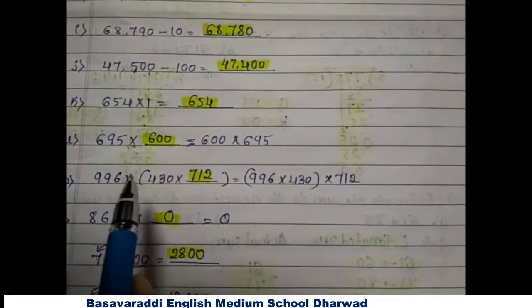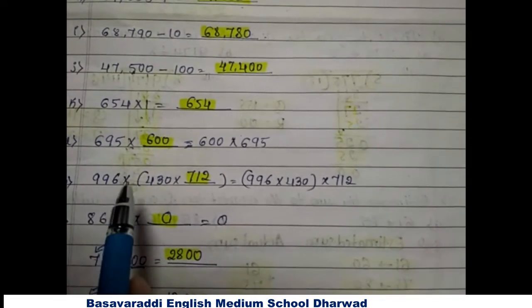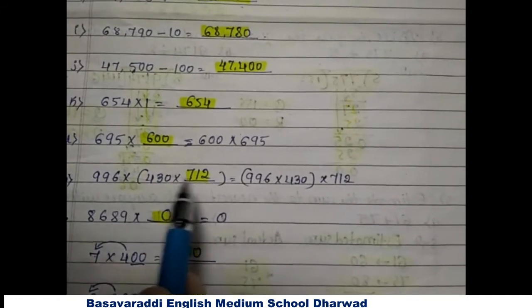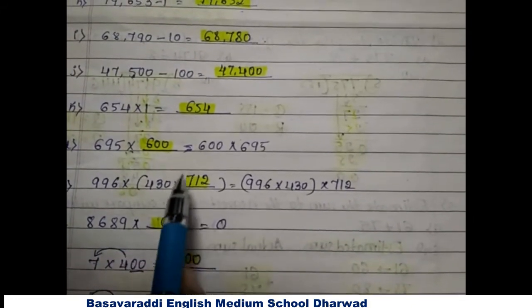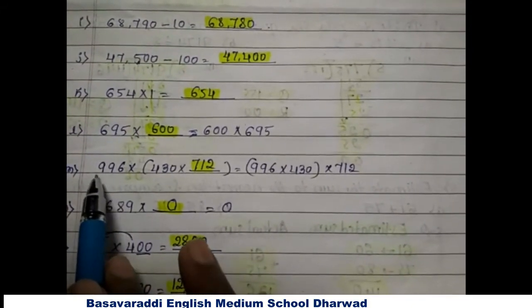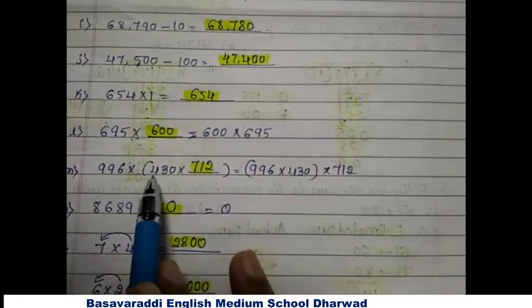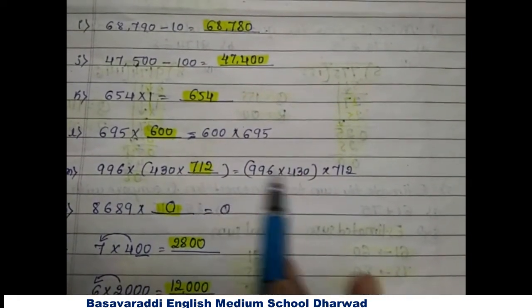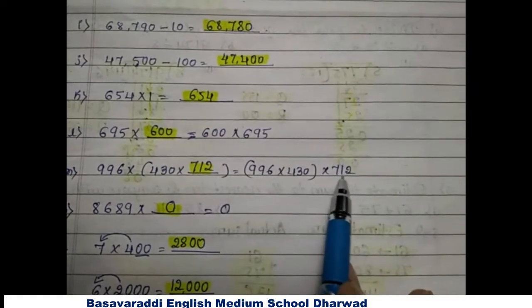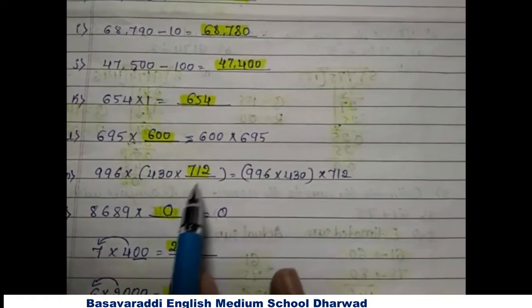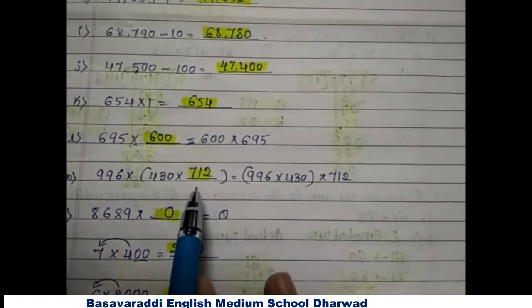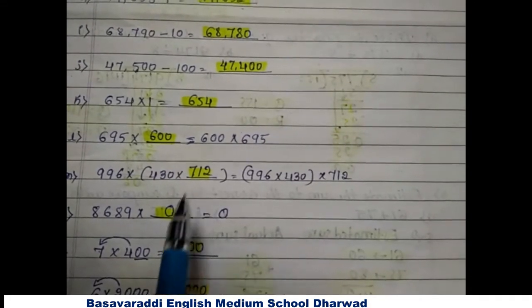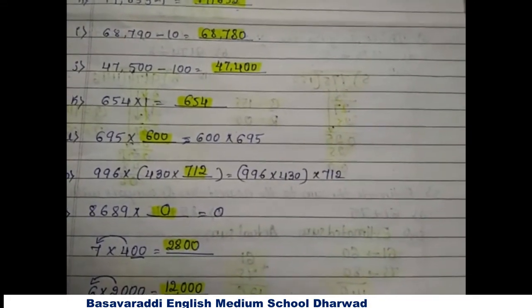The product of 3 or more numbers remains the same even if we change the grouping of numbers. That means 996 on both sides, and 430 here also. So write 712. This shows the grouping property of multiplication.